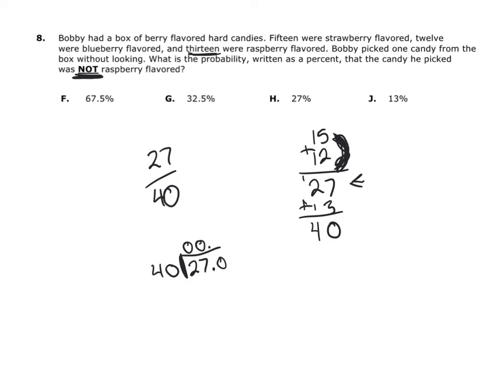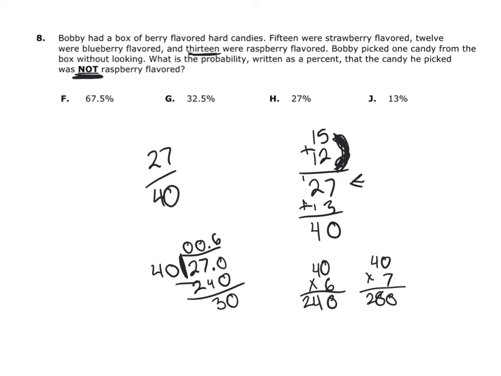I believe it's going to be 6 times. But let's multiply and make sure. 40 times 6 is 240. Let's try 7 just to make sure. 40 times 7 is 280. So yep, it'll be 6 times. So that is 240. Subtract, we get 30.